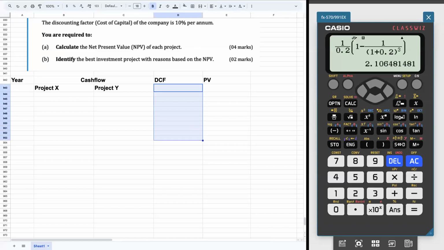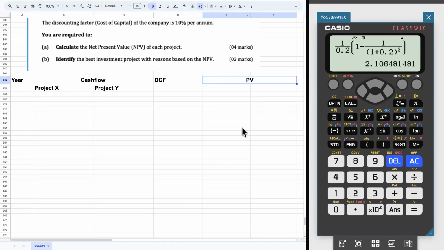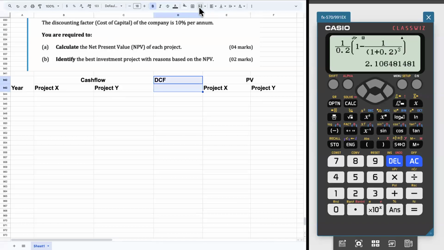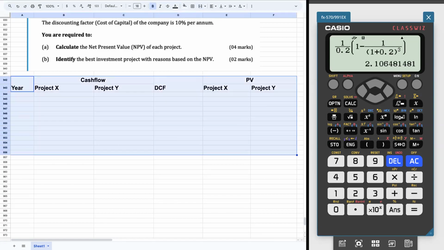It doesn't matter whether project X or Y. The discounting factor is the same. But the present value is going to change. So we need two present value columns, for project X as well as project Y. Right? So this is how we can adjust our initial format. So it will make more sense to us in terms of calculation.